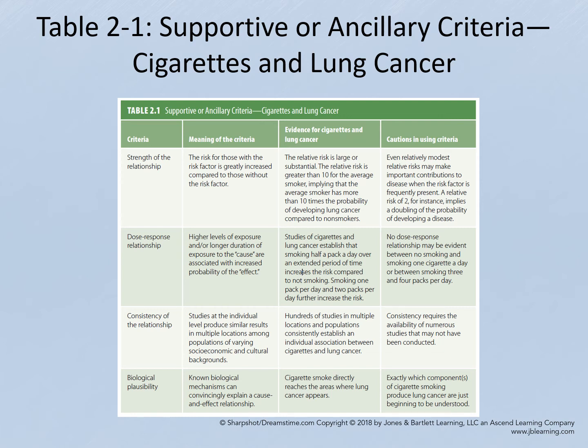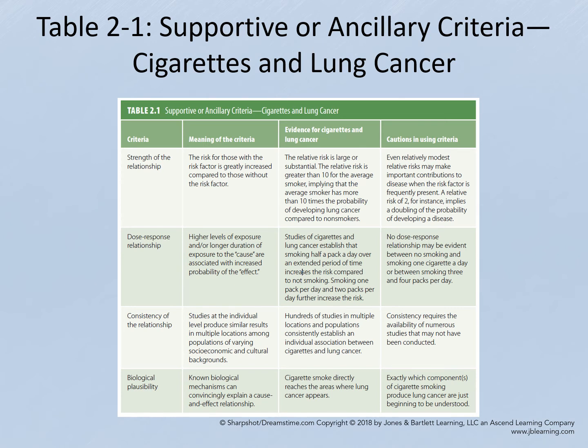Strength of the relationship means that the risk for those with the risk factor is greatly increased compared to those without the risk factor. In this case of cigarette smoking and lung cancer, the relative risk is 10, which implies that the average smoker has more than 10 times the probability of developing lung cancer compared to non-smokers.